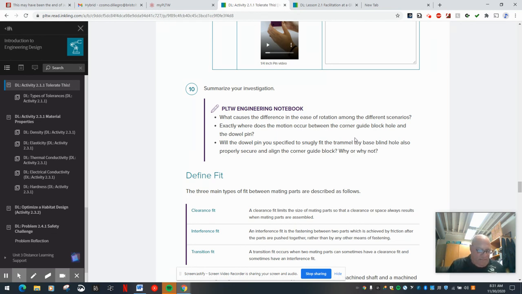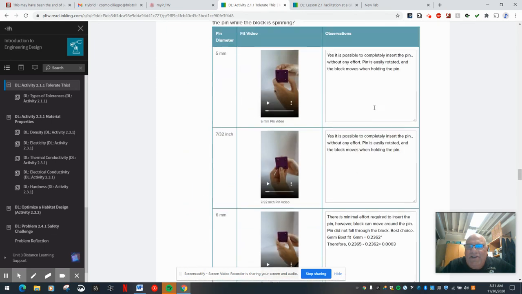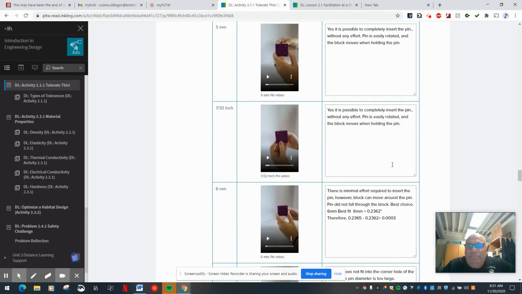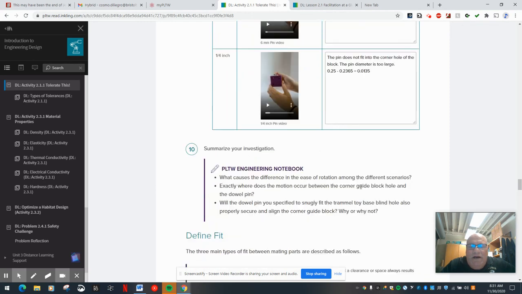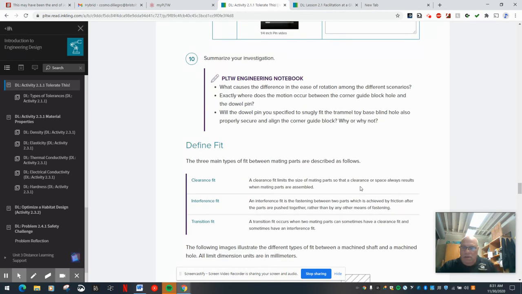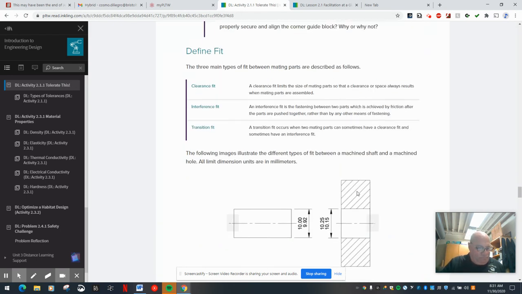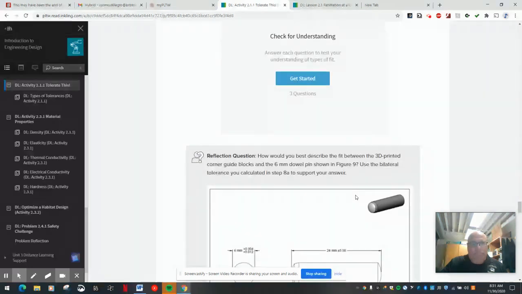You could say something like the outside diameter of the dowel pin impacts the ease of rotation of both the pin within the corner guide block and the rotation of the block about the pin. So really you could put, based on these, and I'd like to hear your summary about that. So that's that. And that's it for right now.